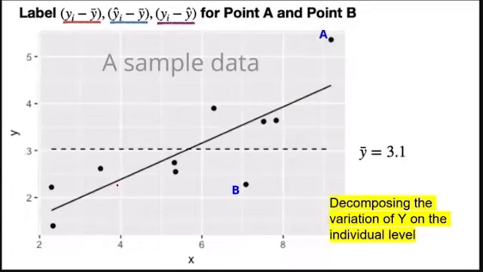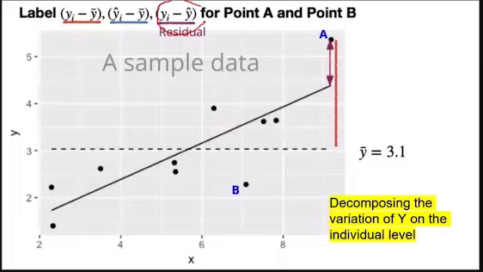The solid line is the fitted line, the line of best fit, and the horizontal dotted line is the center. Now, if I want to explain this graphically, take a look at this.